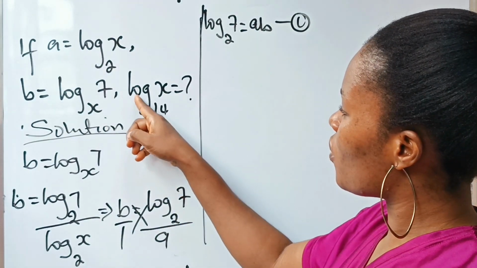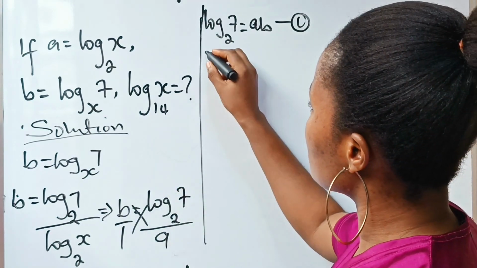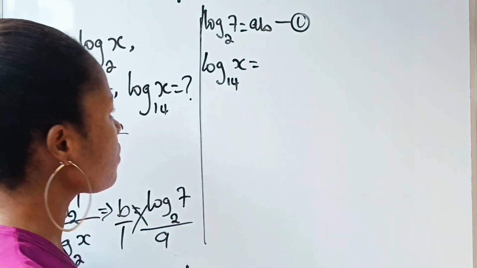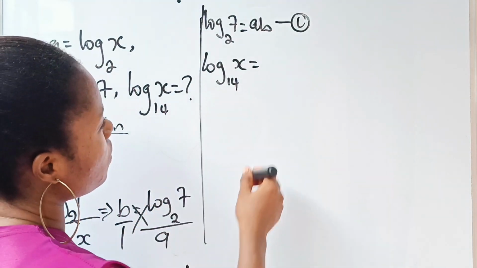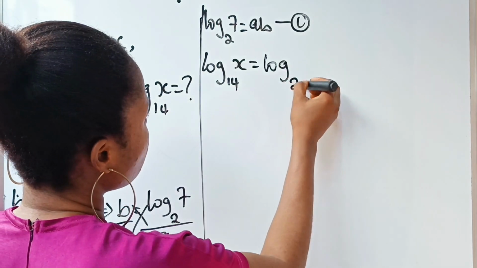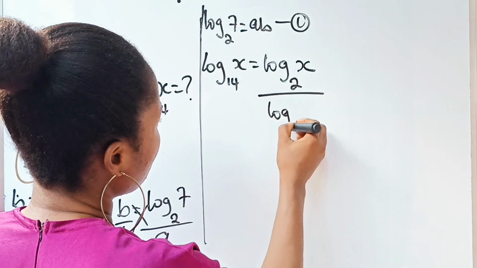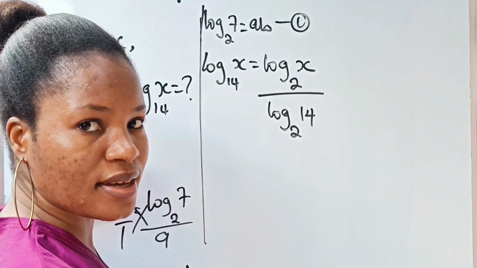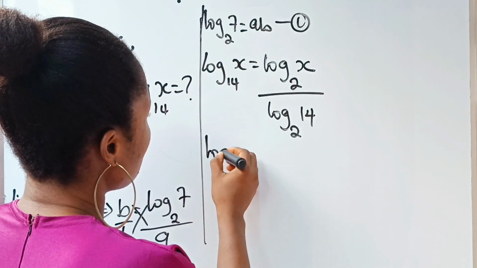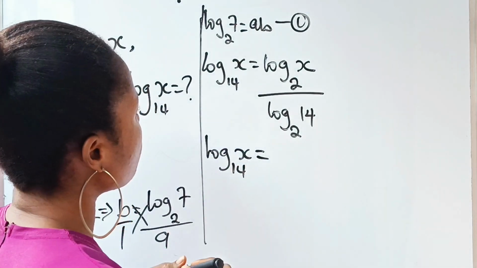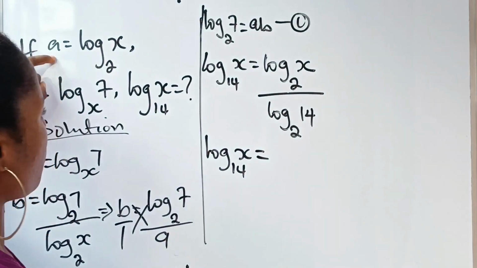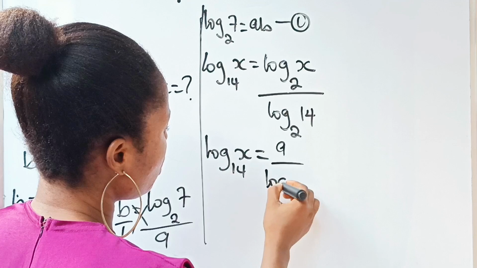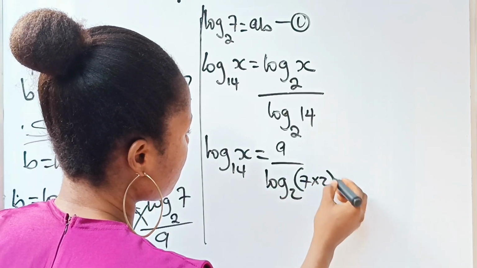The question says we should solve for log base 14 of x. So log to base 14 of x, we can write this as log to base 2 of x divided by log to base 2 of 14, using the same method I explained earlier. So log base 14 of x is equal to, now log to base 2 of x is a, recall that this is a, so a over log to base 2 of 7 multiplied by 2.